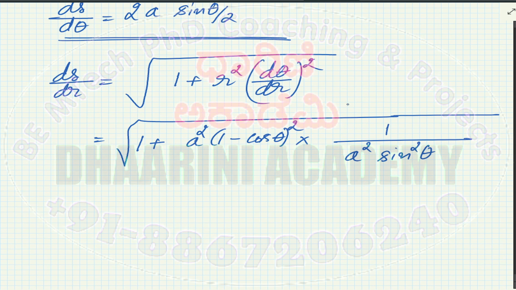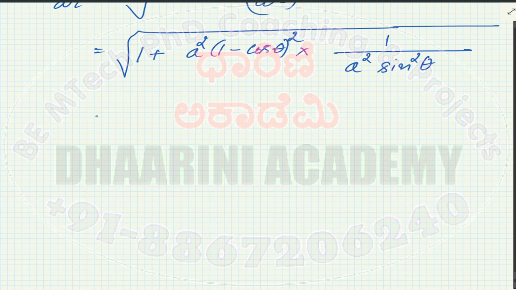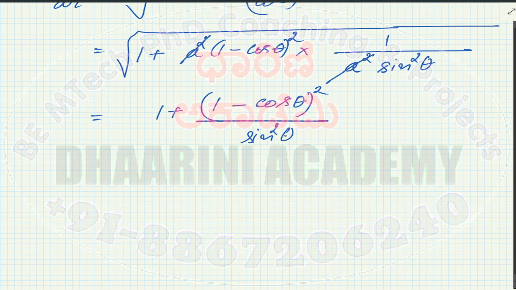Okay, now so let's simplify this further. So let me write it in this fashion. This is 1 plus, anyway, the a square gets cancelled, so this is 1 plus, not plus, 1 minus, sorry, this is 1 minus cos theta the whole square divided by this is sine square theta, everything under the square root.